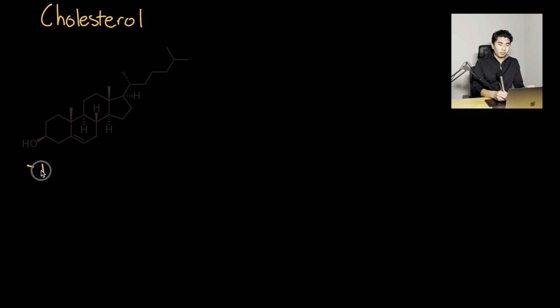So cholesterol is part of the sterol family, and the sterol family is characterized by a 4-carbon ring structure. Now, cholesterol is one of, if not the most important lipid macromolecule in human physiology, because cholesterol is responsible for plasma membrane fluidity.